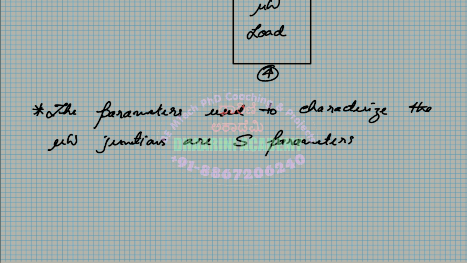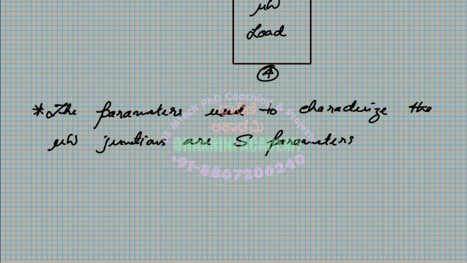I can provide the input to any of the four ports. Normal connection is like what we had seen earlier. In that normal way of doing the connection, I give input from one side and take outputs from the other three sides. But this can be changed to any port. I can give the input from any of the four ports. When you give an input from one of the ports, you can take the output from the other ports, correct?